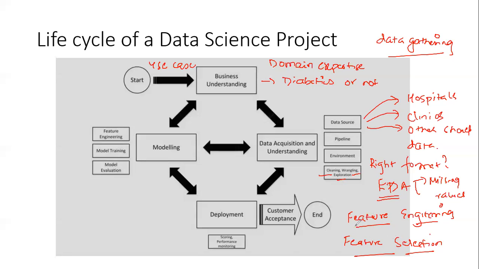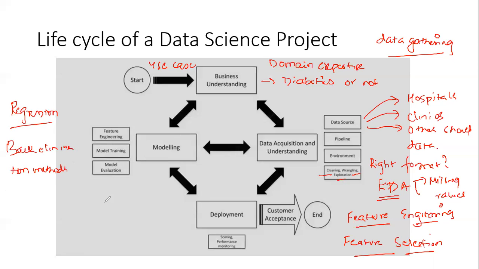Whether each and every feature is actually correlated to the output that we are trying to find out. If it is not correlated, we should remove those features. In regression problems, some of the feature selection techniques are backward elimination methods, where we try to remove the features from the particular data set.